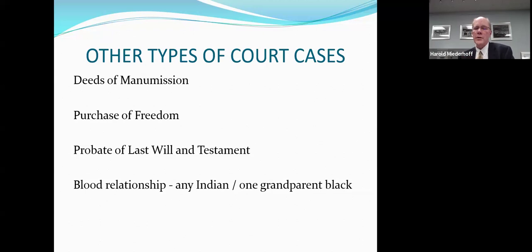The Louisiana Purchase documents in the Spanish law and the French law prohibited Indian slavery. They wanted to maintain good relationships with the Indian tribes, and they prohibited the slavery. So if someone had Native American blood, they could show the blood relationship and possibly gain their freedom.